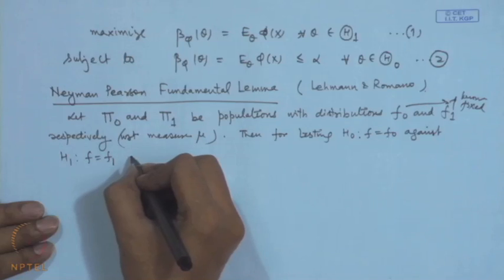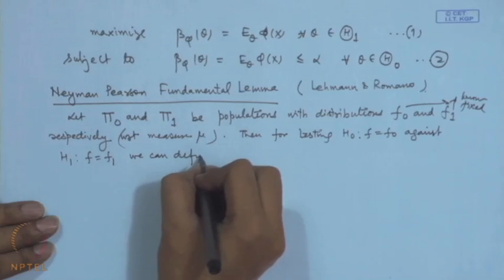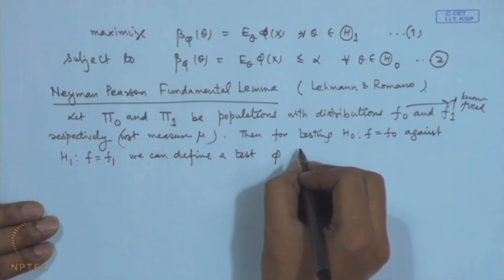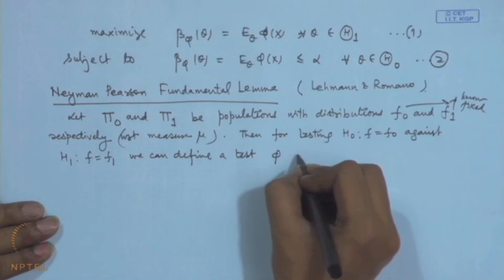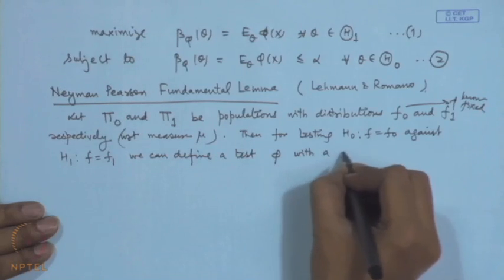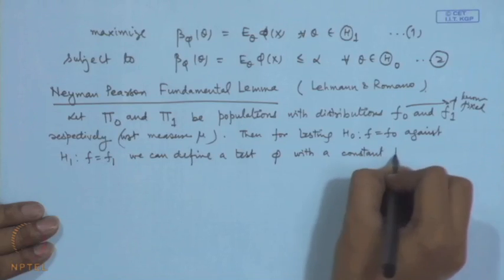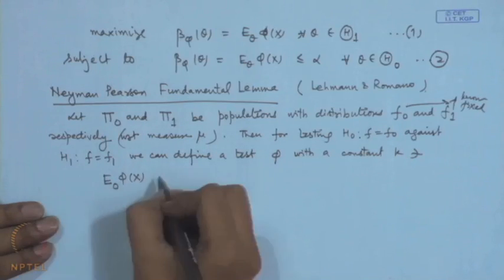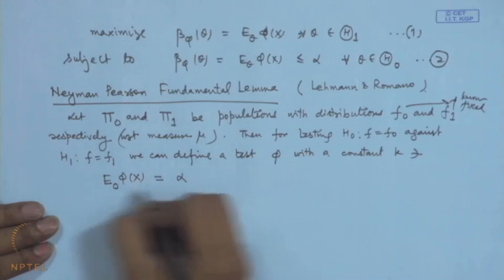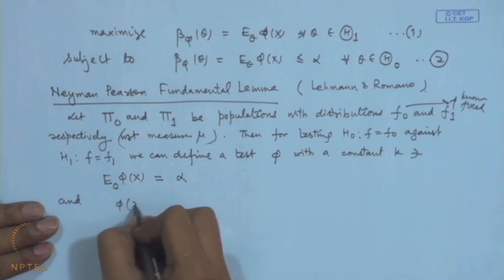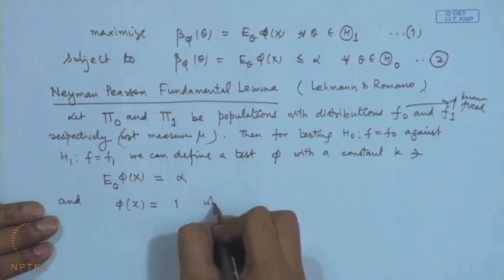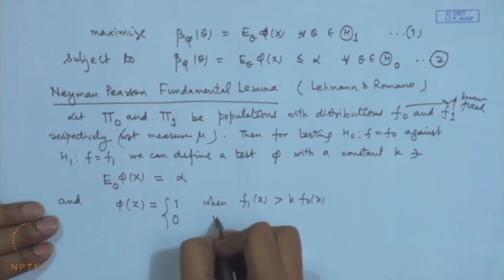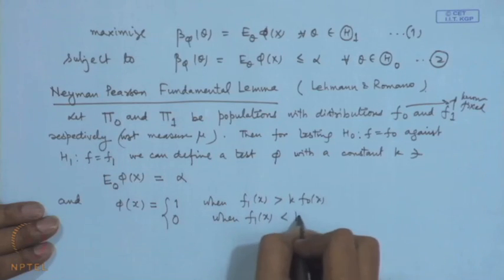we can define a test phi with a constant k such that expectation of phi x under the null hypothesis, I will denote E naught, is equal to alpha, and the form of the phi x is equal to 1 when f 1 x is greater than k times f naught x, and it is equal to 0 when f 1 x is less than k times f naught x.